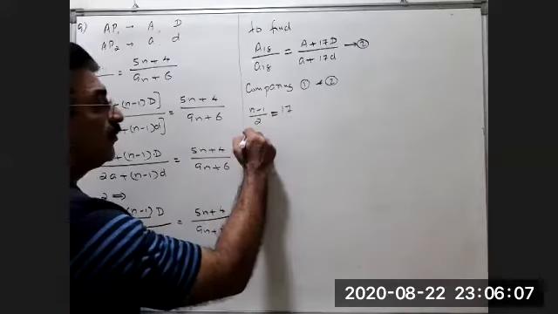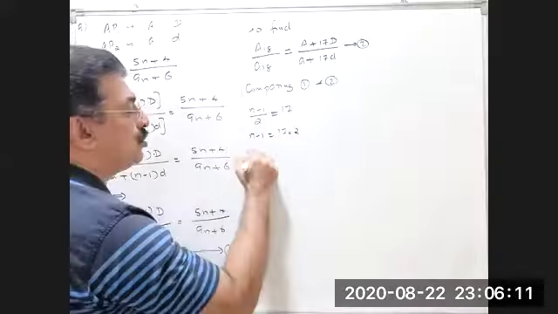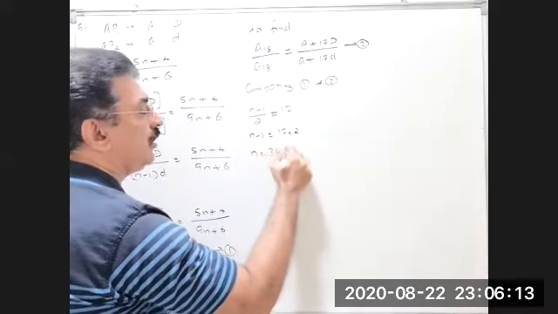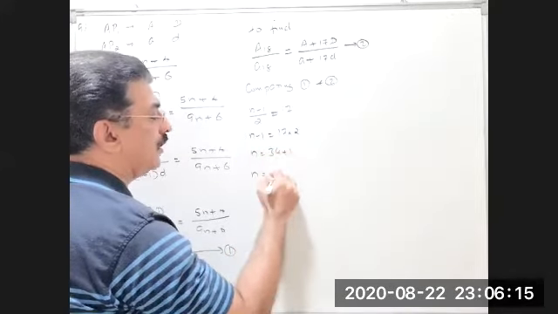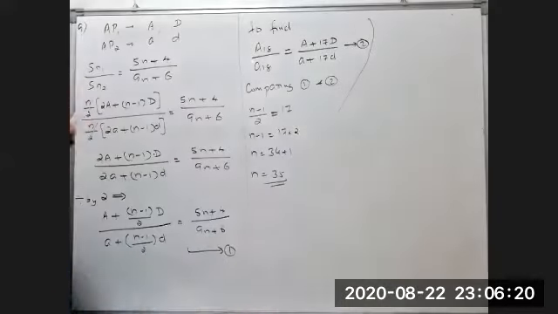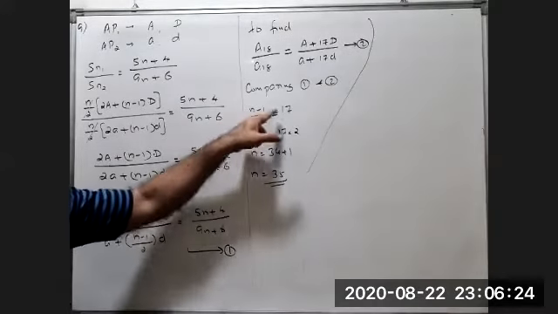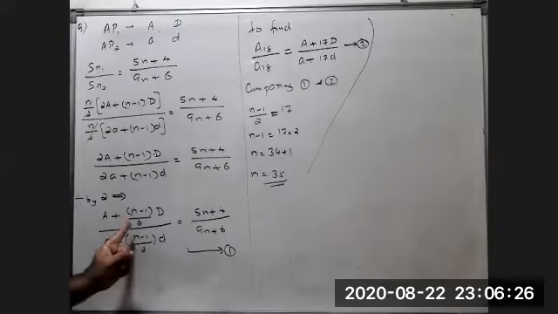This means n minus 1 is 17 into 2. n is 34 plus 1, n is 35. That means if n is 35, definitely (n minus 1) by 2 becomes 17.